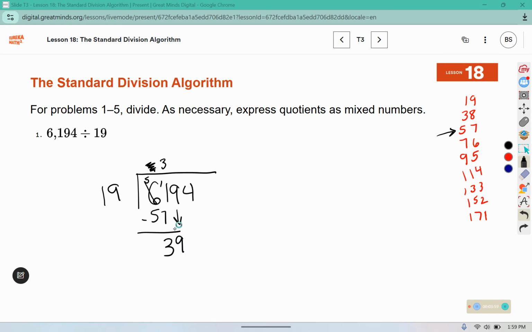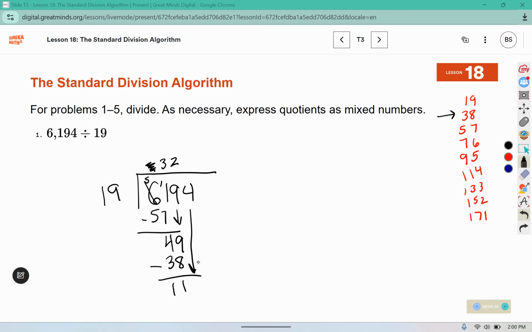It's very important that you keep your division organized so that you don't make any silly mistakes as you go. Which I already did. 11 minus 7 is 4, not 3. Okay, 19 fits into 49 twice, which is 38.